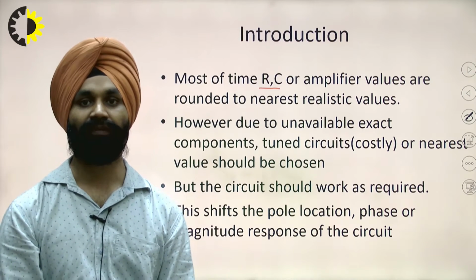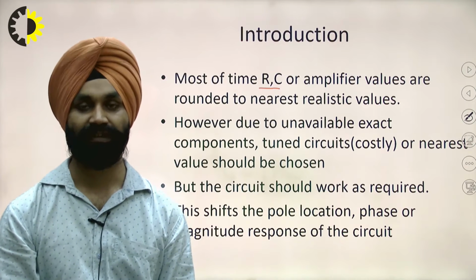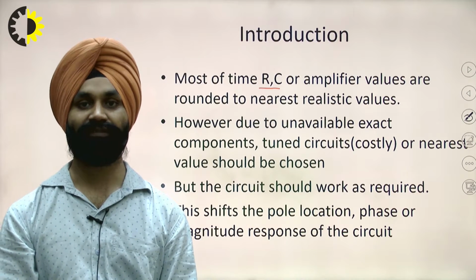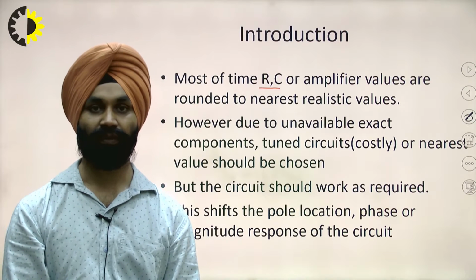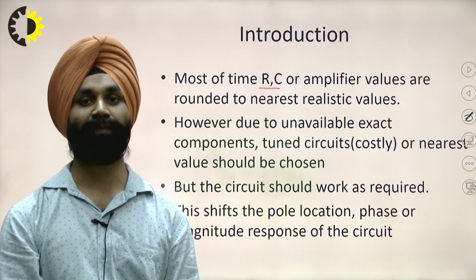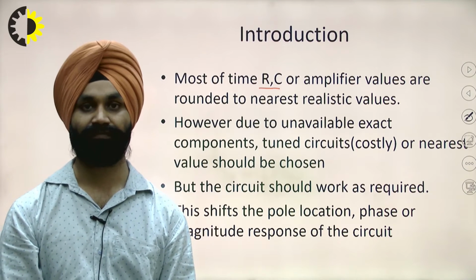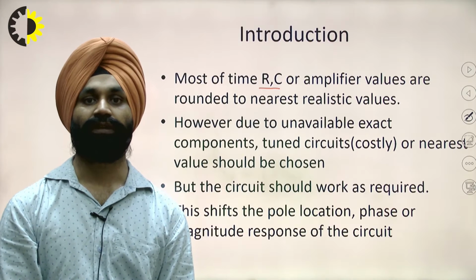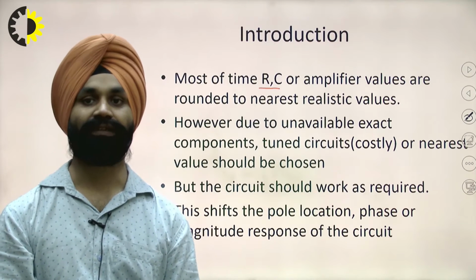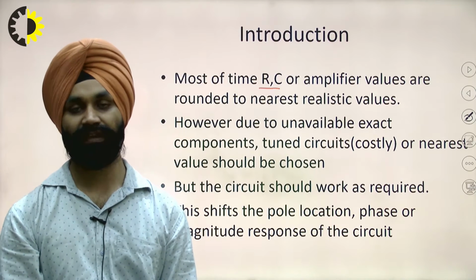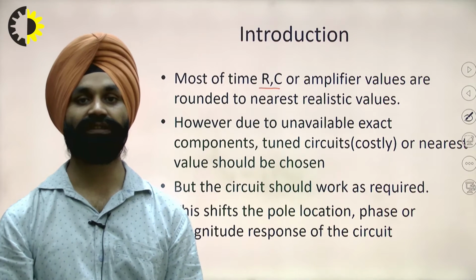For example, whenever we take a resistance, the resistance is always specified by plus minus some tolerance. So its value can vary by that plus minus X percentage. We cannot avoid this variation of these components.